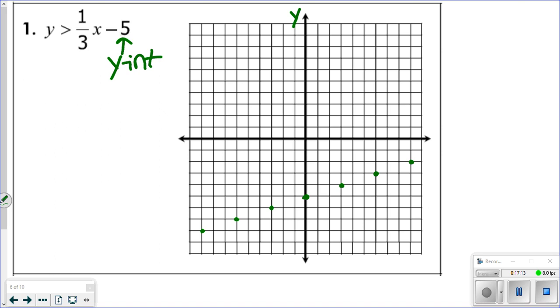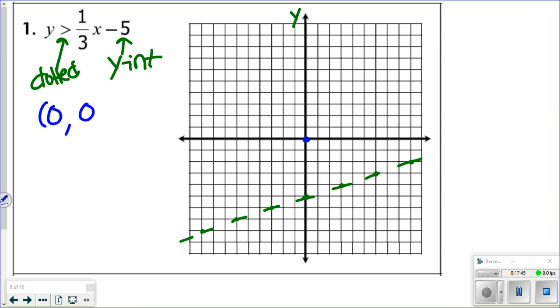And if I'm looking at my symbol, this is a dotted or a dashed line. So I'm going to make dashes here. And the easiest test point to choose is 0, 0. 0, 0 is right here.